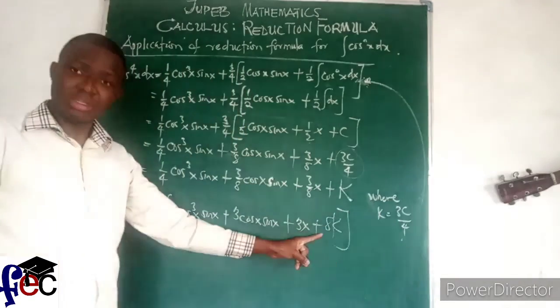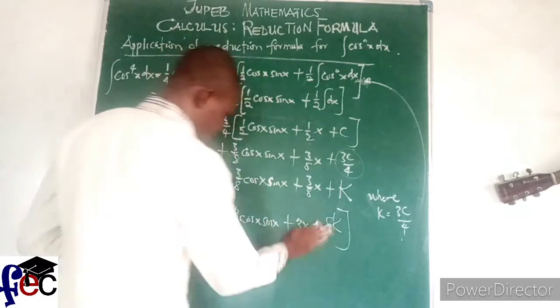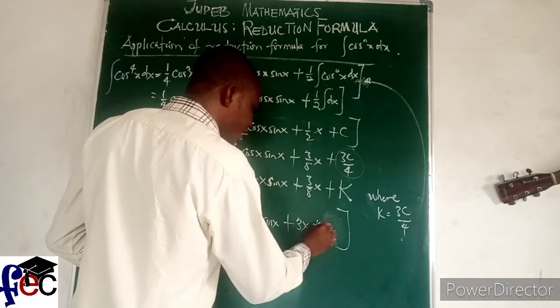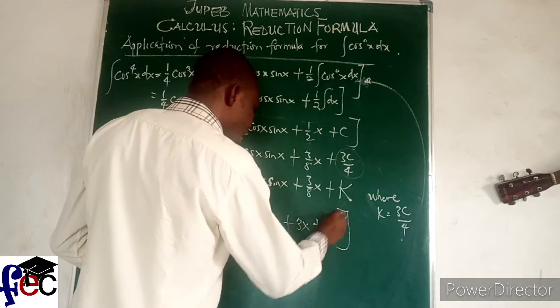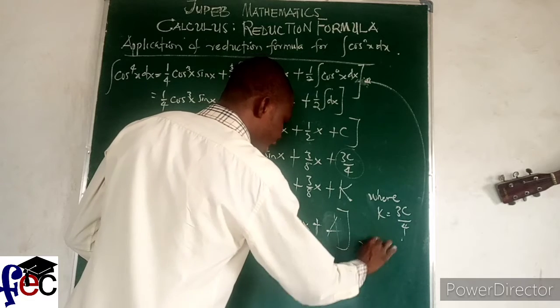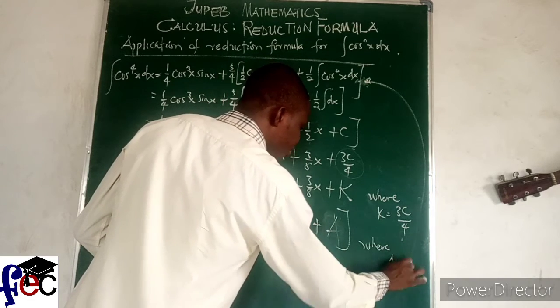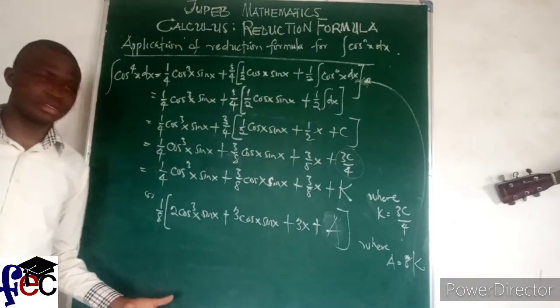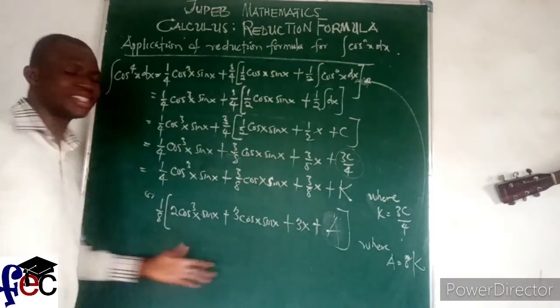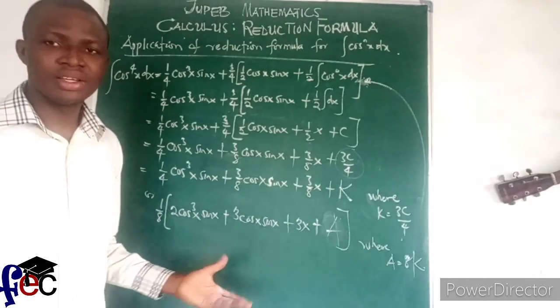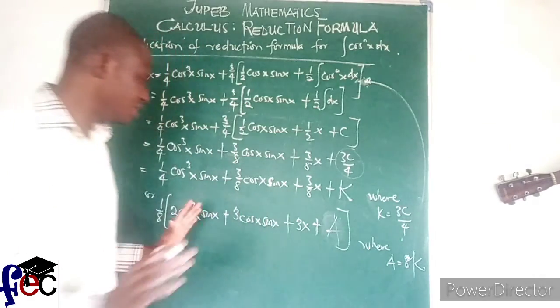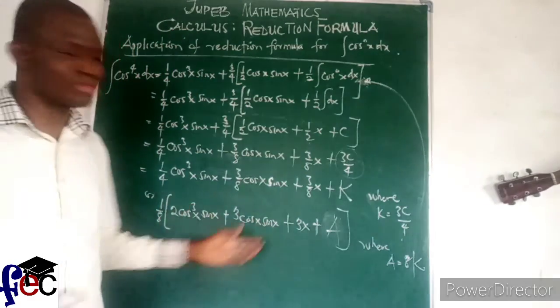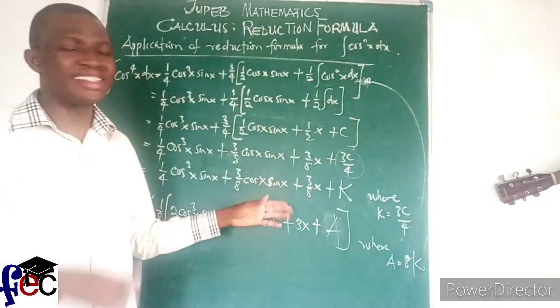Don't forget, I can now replace with another constant again. I can call that one a, where I will say that my a is what? That's 8k. Do you see it now? So these are representations. You are not restricted to any particular solution. You can rewrite your solution.